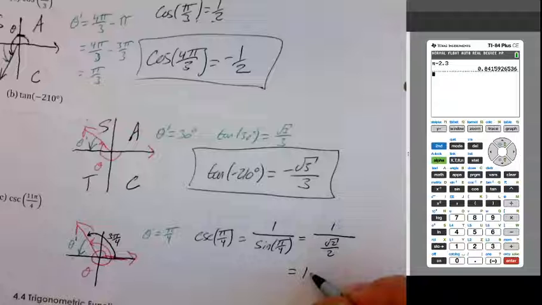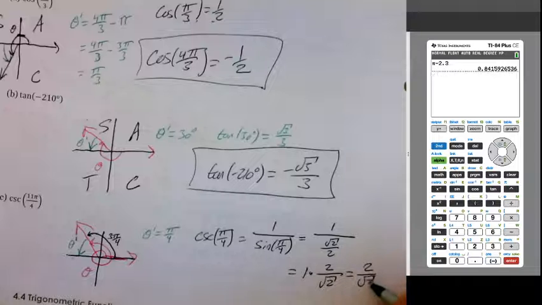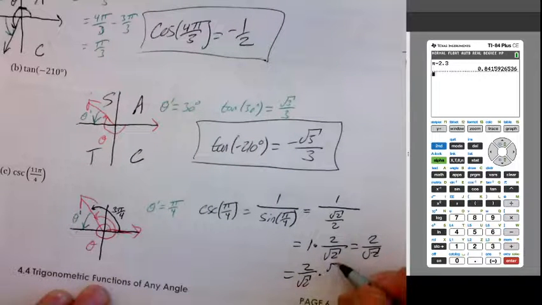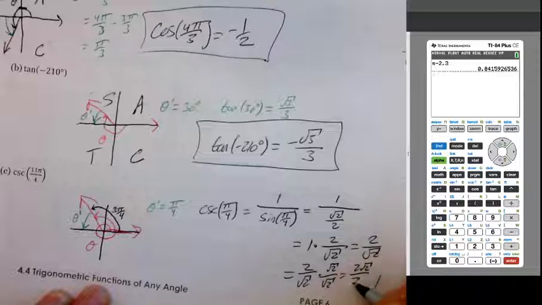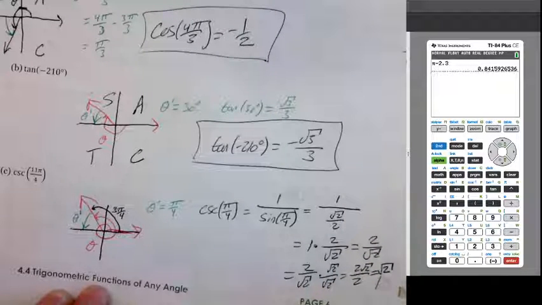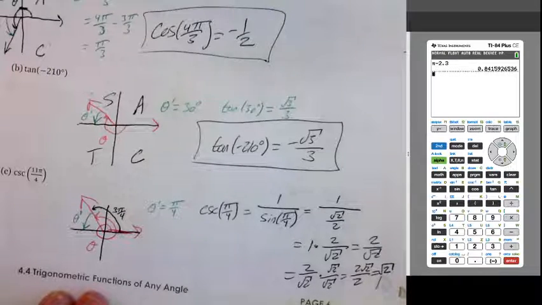Instead of dividing by root 2 over 2, we can multiply by 2 over root 2. So we get 2 over root 2, but we have to rationalize that. So we multiply by root 2 over root 2 to get 2 root 2 over 2, which simplifies to root 2. So that's for pi over 4.